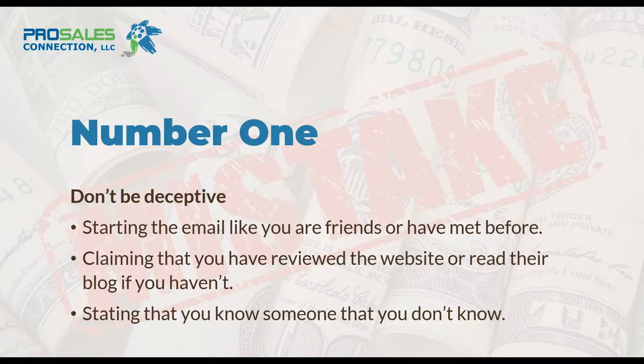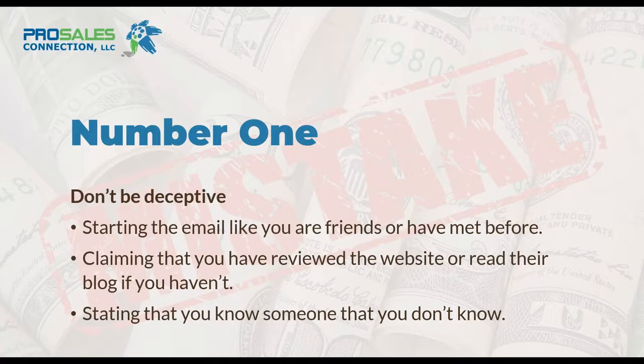Don't be deceptive. Lying or tricking a prospect is never a good way to start a relationship. Just don't do it. Just be really clear. Don't try to trick people. Tricking people will not work in the long run. Don't add "Re:" to your subject line to make them look like replies to messages that you sent.